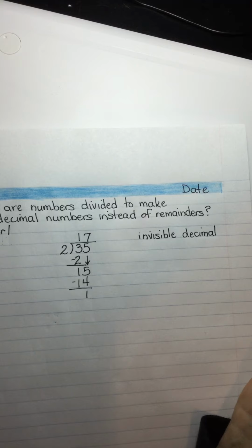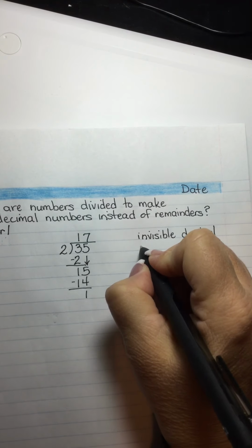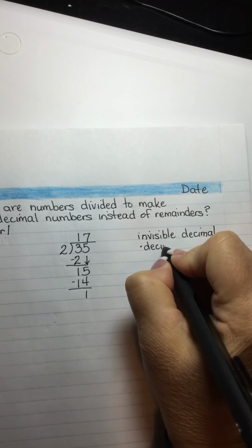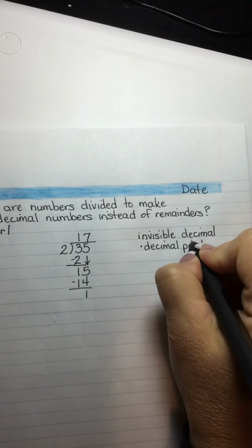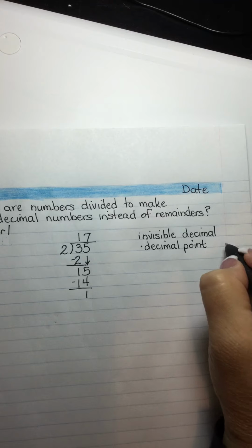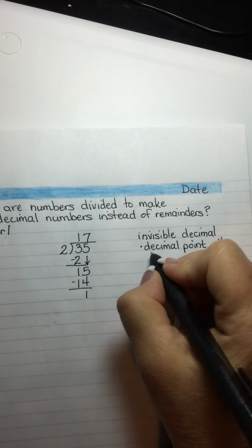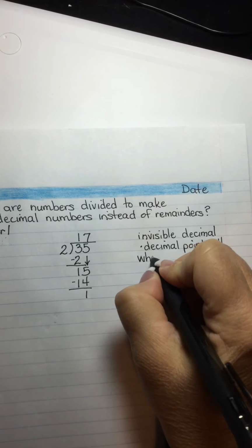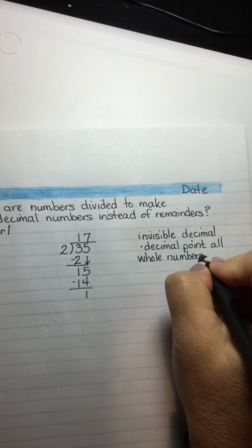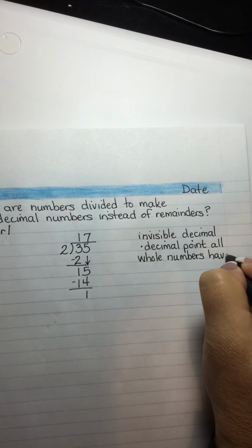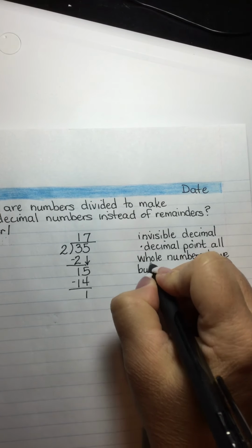The invisible decimal is the decimal point all whole numbers have but we don't write.